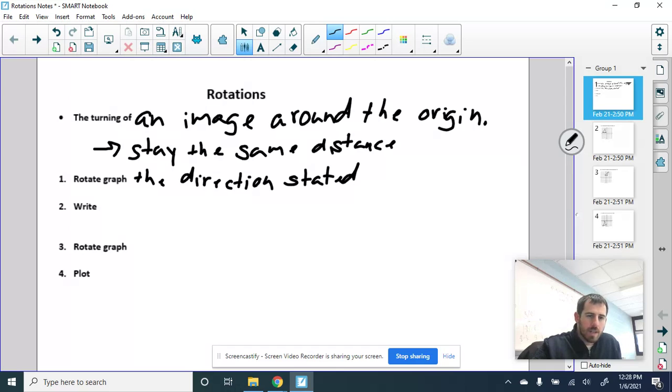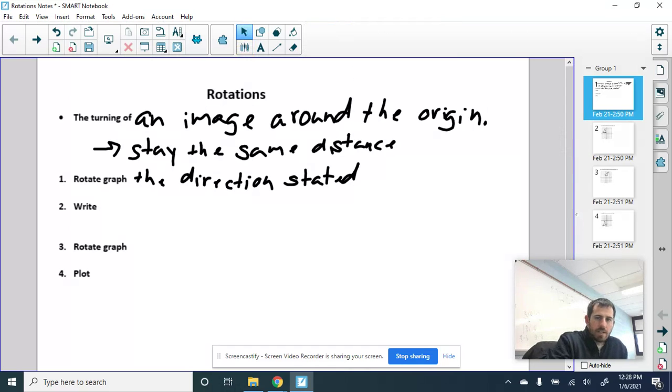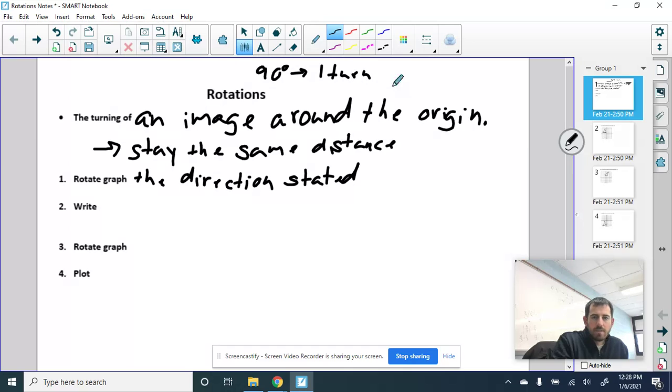Now, realize, I should have probably written this down somewhere. 90 degrees is one turn. 180 degrees is 2 turns. It makes it pretty simple.